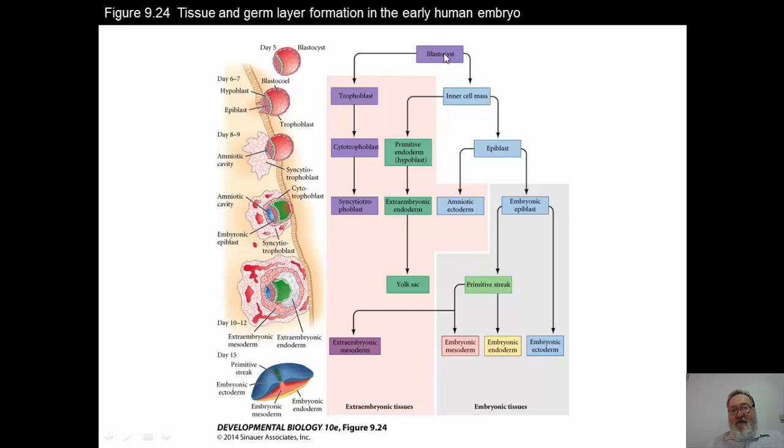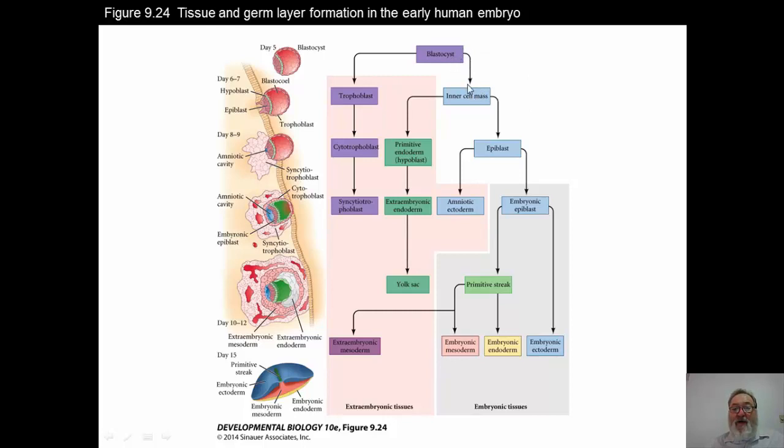If we look at this flow sheet, we can see that the blastocyst gives rise to the trophoblast on one side, cytotrophoblast, and syncytiotrophoblast. These are all going to be extraembryonic structures, but the blastocyst gives rise to them.